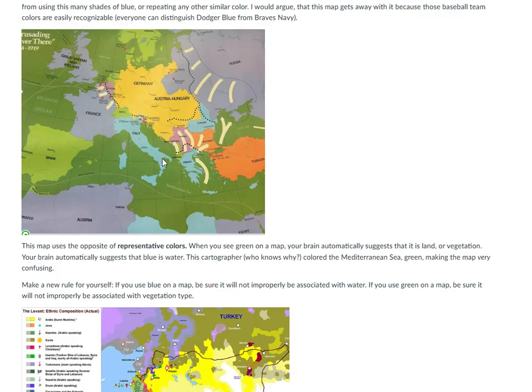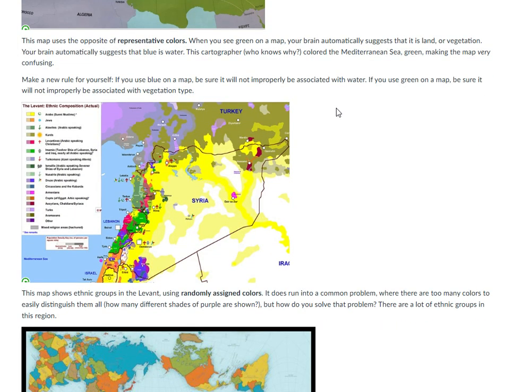But everybody's red and blue and white in Europe, so that's not going to work. For ethnic groups in the Levant, we have randomly assigned colors for each ethnic group. They didn't say, oh, Turkish people really like purple. No, not the case, or as far as I know, not the case. Those are just randomly assigned colors to show ethnic groups in the Eastern Mediterranean.